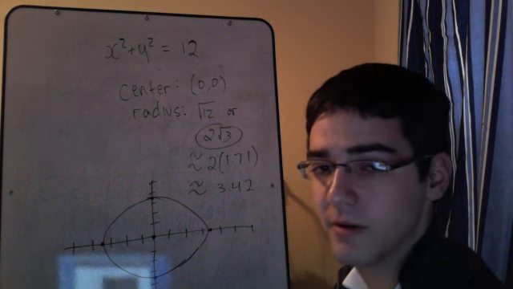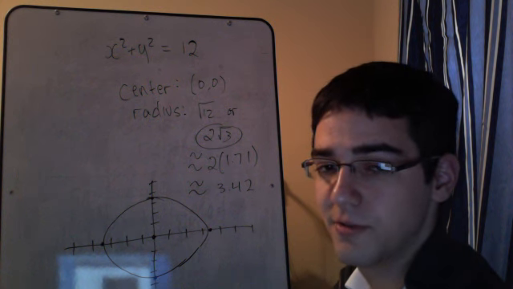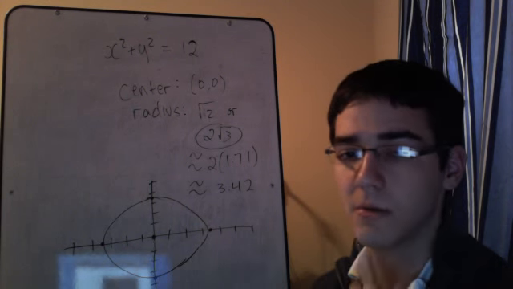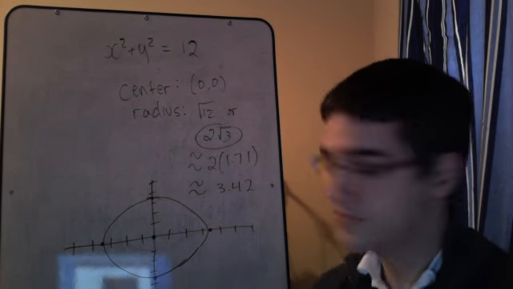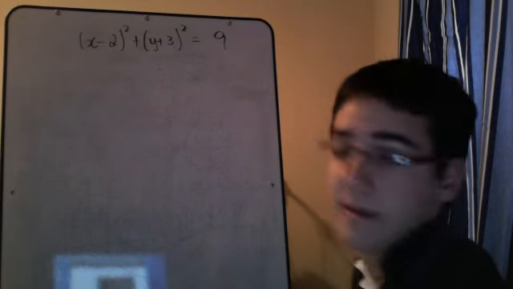Now let's move the circle around a little bit. What I mean by that is the center's not at the origin. So let's say we have x minus 2 squared plus y plus 3 squared equals 9.